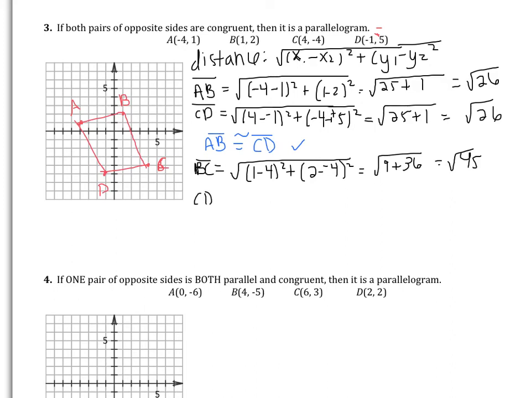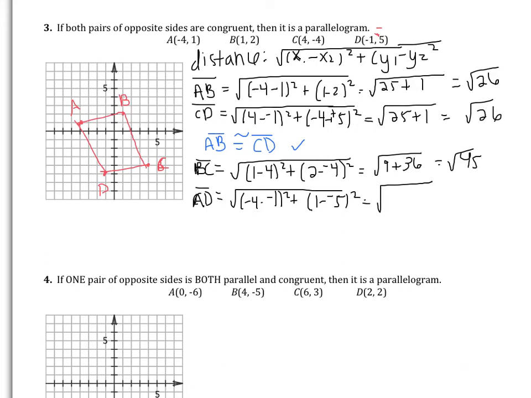And then last one we have to do is AD. Oh, sorry, this should be AD. So it's going to be -4 subtract -1 squared, and then 1 subtract -5 squared. Remember that you can flip the order of the x's and the y's if you want to do it in a different order than me. That's fine, you should still get the right answer.